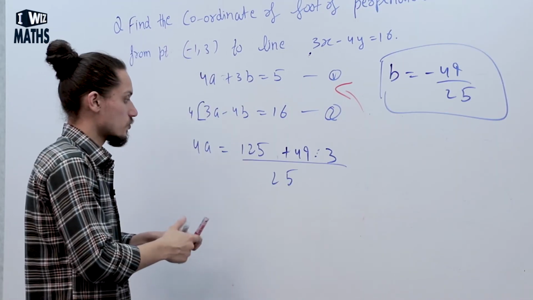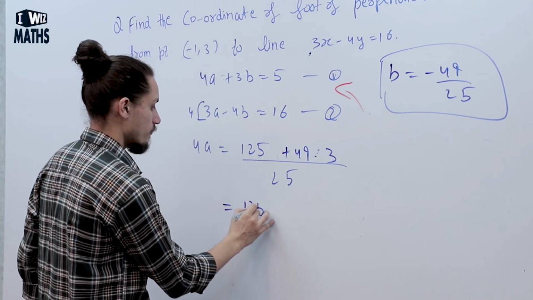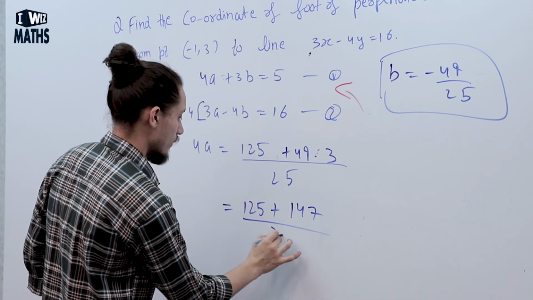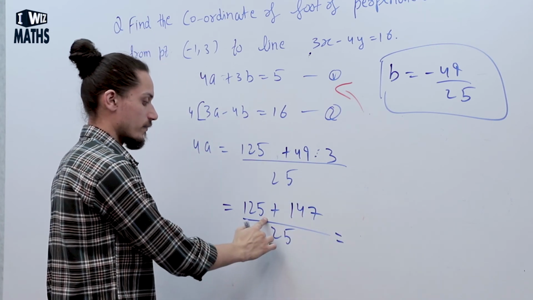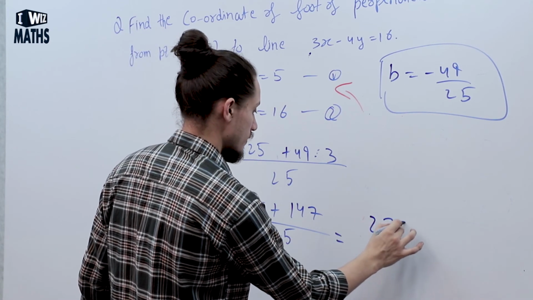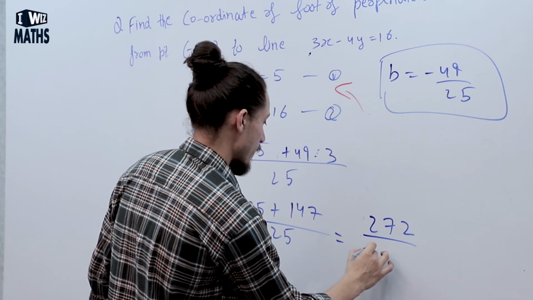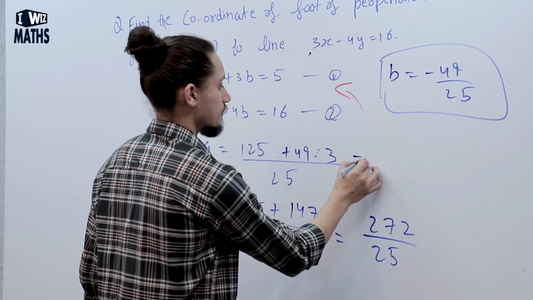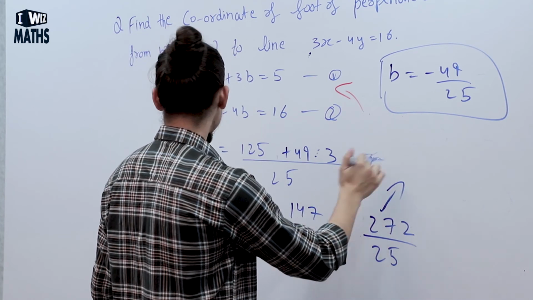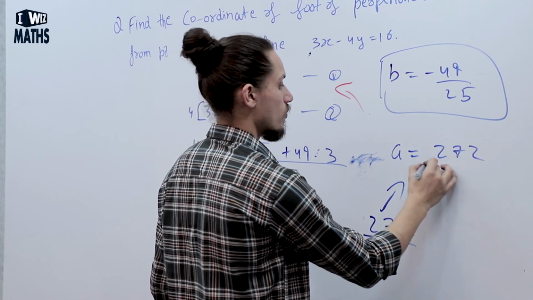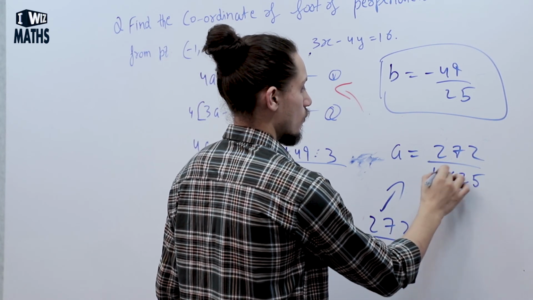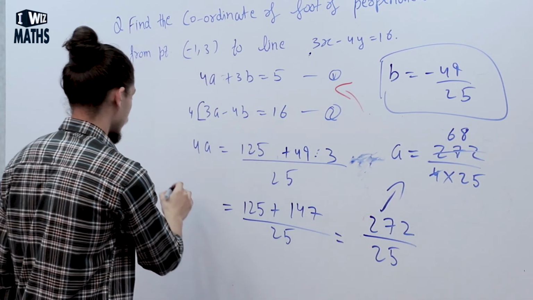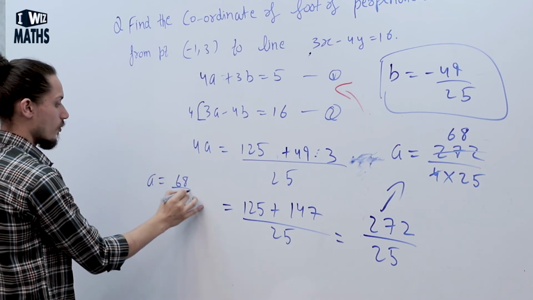Now take the LCM: 125 plus 49 into 3 gives us 147, divided by 25, which is equal to 147 plus 125, that is 272 divided by 25. So 4a is equal to 272 divided by 25, which implies a is equal to 272 upon 4 into 25. 4 6s are 24, 3 carry 32, 4 8s are 32. So a is equal to 68 upon 25.